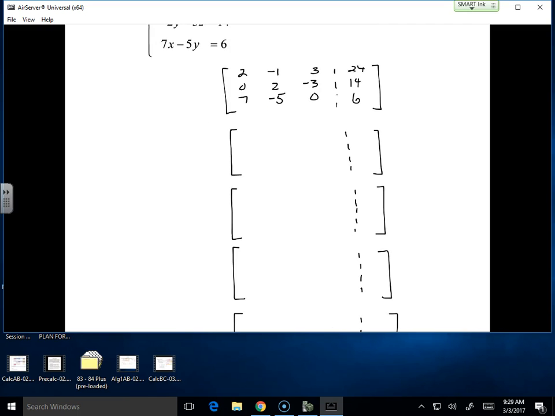All right. I'm going to start you off with the first one, then I'm going to let you go. You should establish the 1 in the very first spot, which is this one right here. You establish the 1 by multiplying everybody there by 1/2.